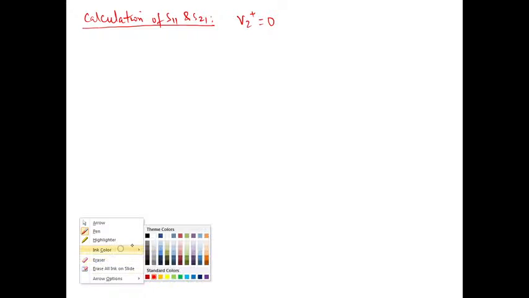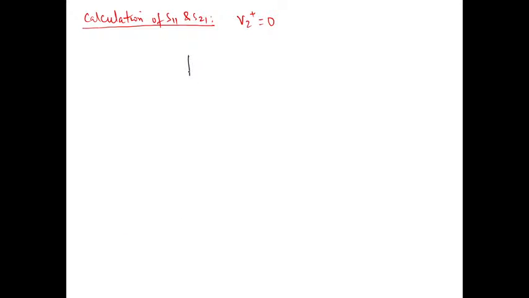Right. So as we have done earlier, we will first calculate S11 and S21. For calculating S11 and S21 we need to make V2 plus equal to 0, and V2 plus equal to 0 means we have to terminate port 2 with the port impedance, which is equal to Z0 in our case.